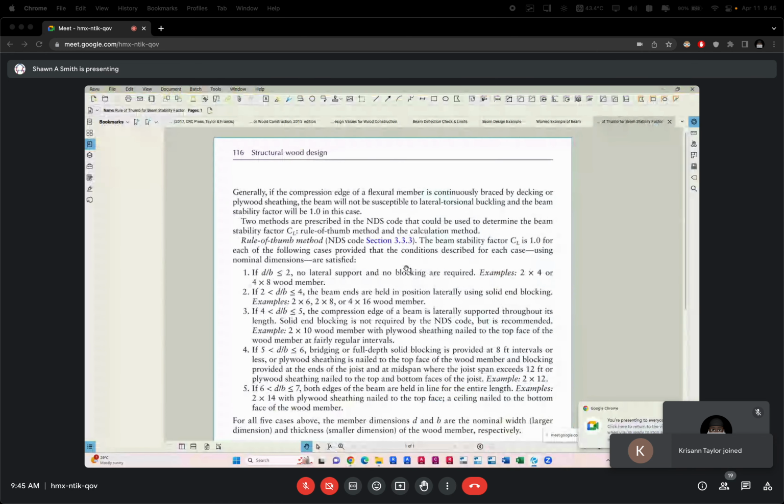The reason being, remember that we said we're going to be limiting our beam design for the course to beams which are restrained against lateral torsional buckling. All right, and by doing so, we will limit ourselves to a beam stability factor CL equals 1.